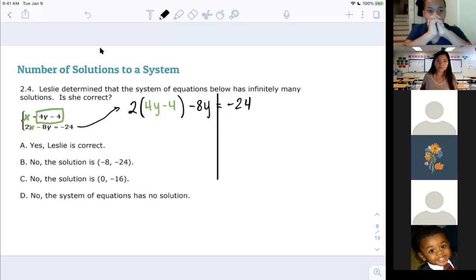Okay, miss, we're here. Okay, perfect. So we're at step 3 right now. We're solving for y. All right, so let's follow along. Let's go ahead and solve it. What should I do first? What should I do first if I'm solving for y?